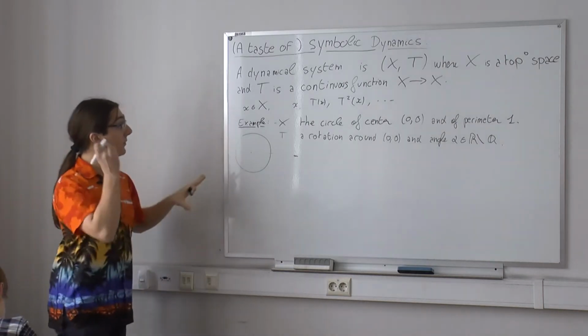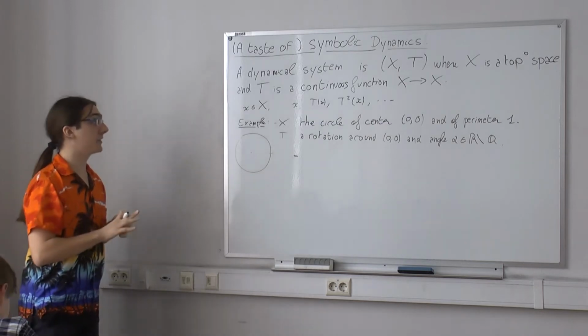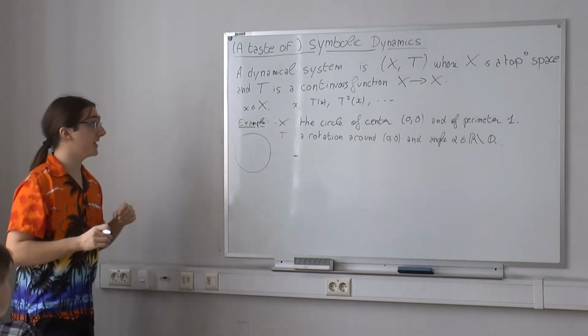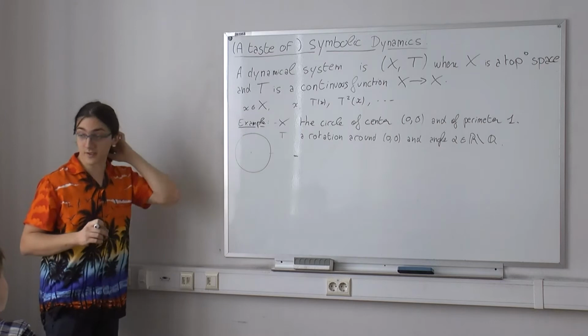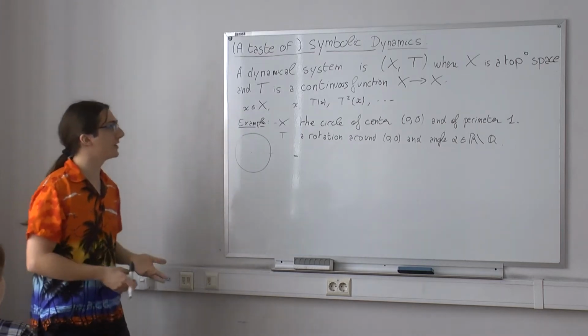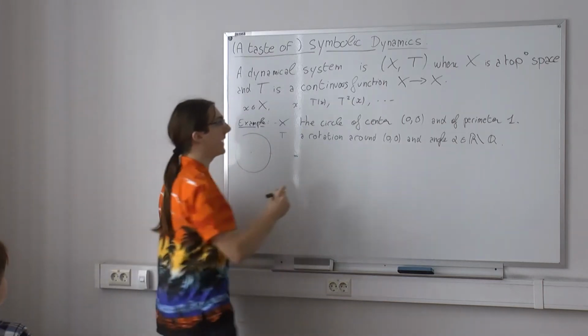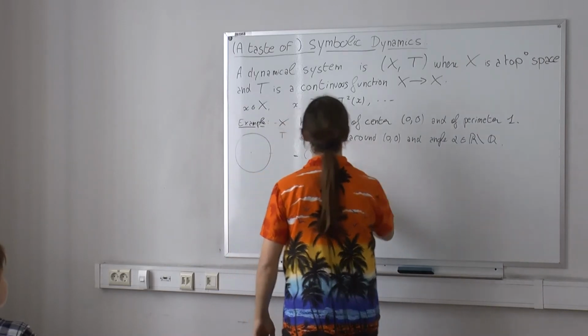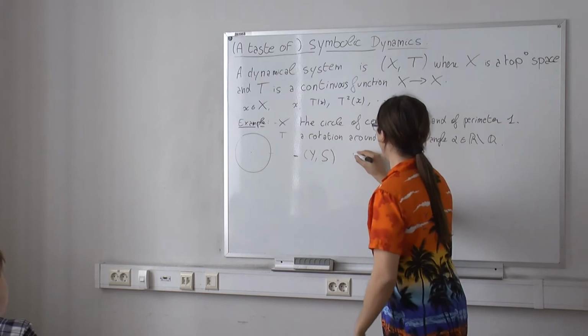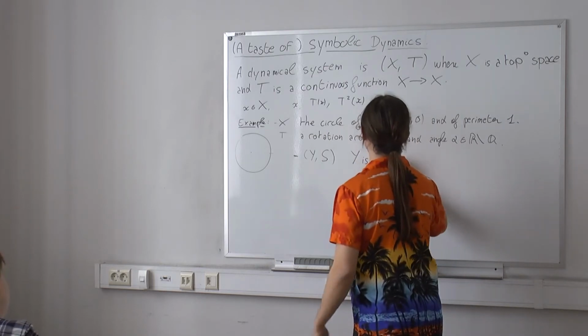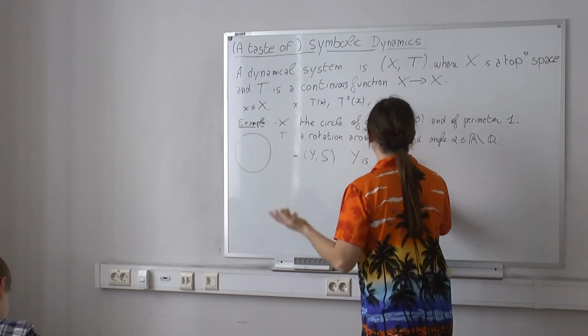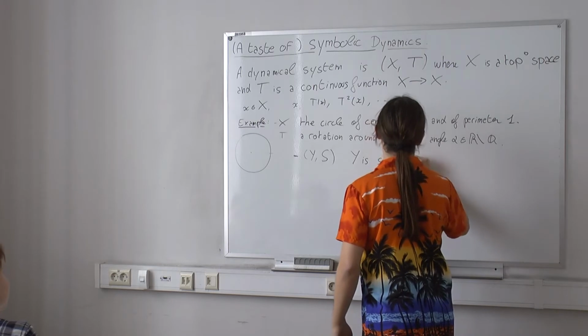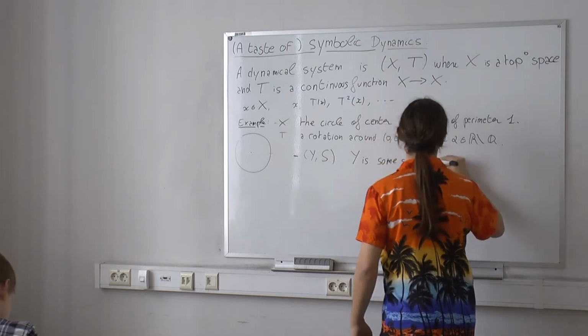But I need another example, because I haven't told about infinite words yet. And actually, with the infinite words, you can make the simplest system you could imagine. So I will call it, I don't know, (Y, S), another system. Where Y is some set of infinite words.